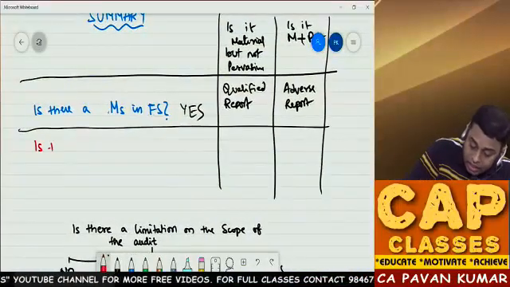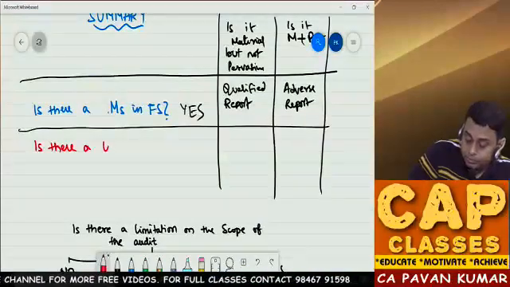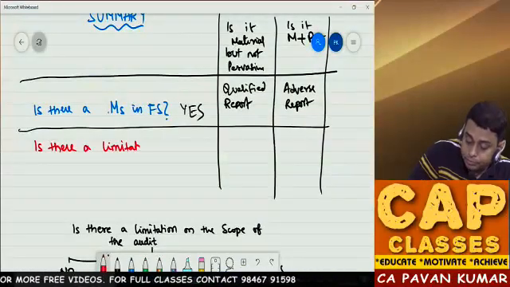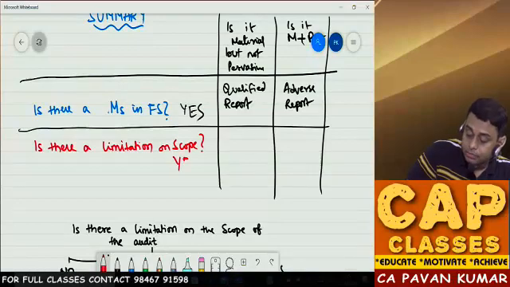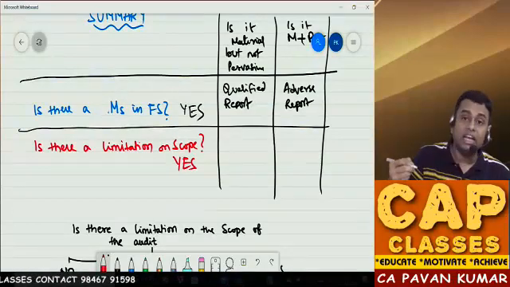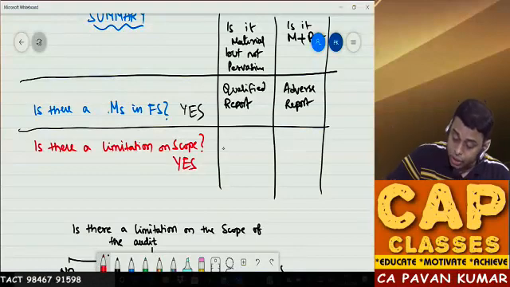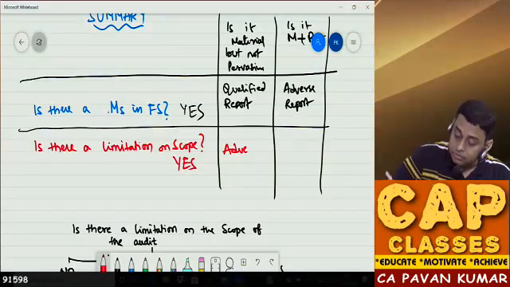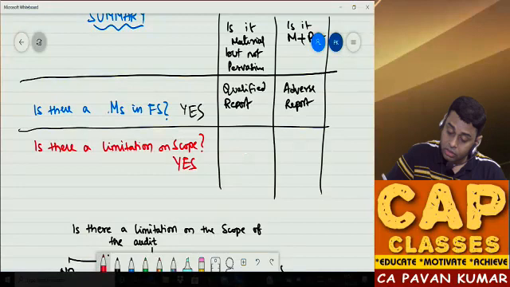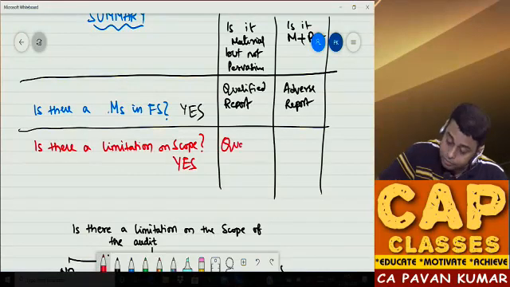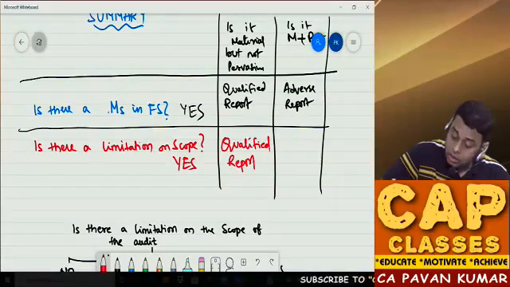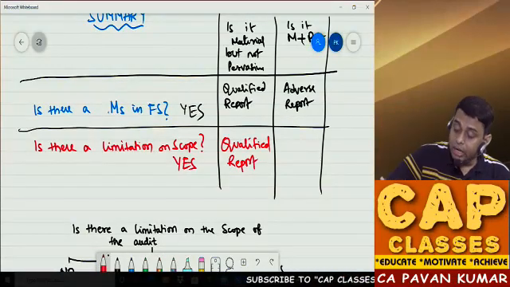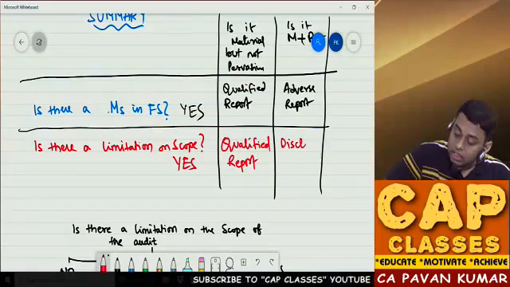Is there a limitation on the scope? Yes. Is it material but not pervasive? Yes. Then you give a qualified report. If it is both material and pervasive, then you go for a disclaimer of opinion.